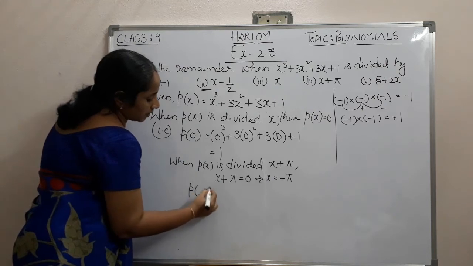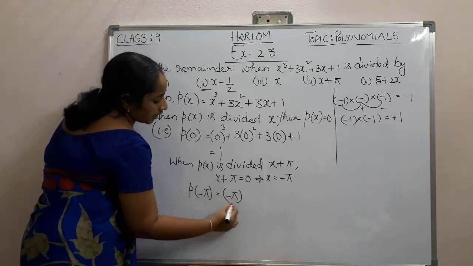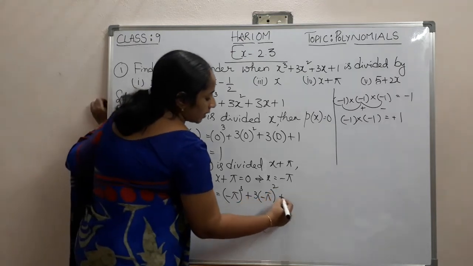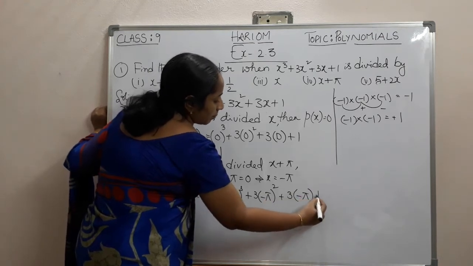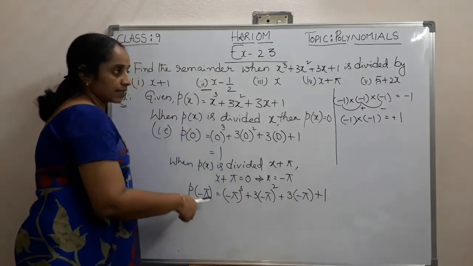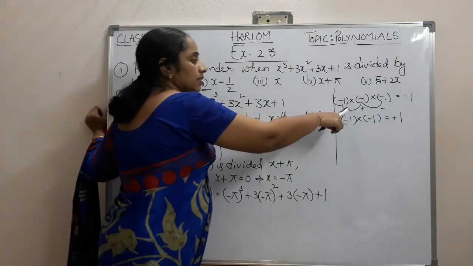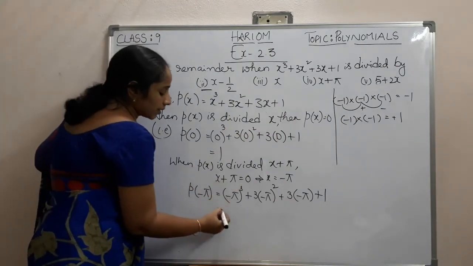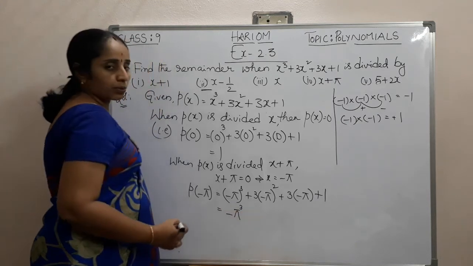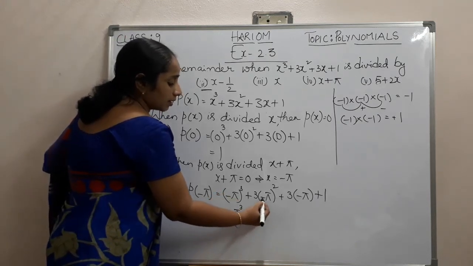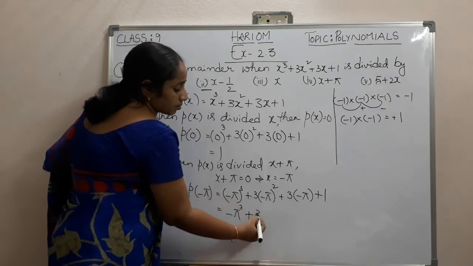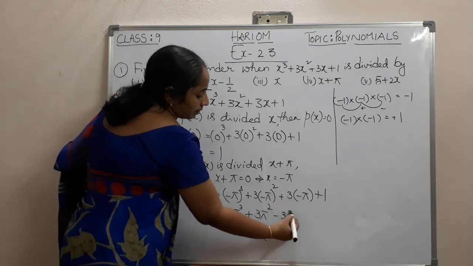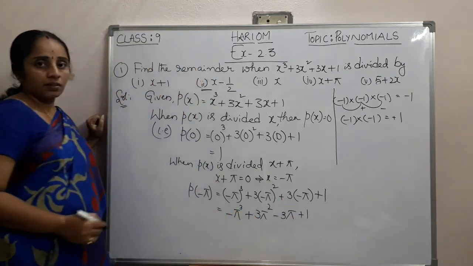P of minus pi is equal to minus pi whole cube plus 3 into minus pi whole square plus 3 into minus pi plus 1. Now as I already said, the negative sign is multiplied 3 times, that is its power is an odd number, so we get minus pi cube, plus 3 pi square, since the negative sign appears an even number of times, so positive only. Now plus into minus, minus 3 pi plus 1. Okay, next.